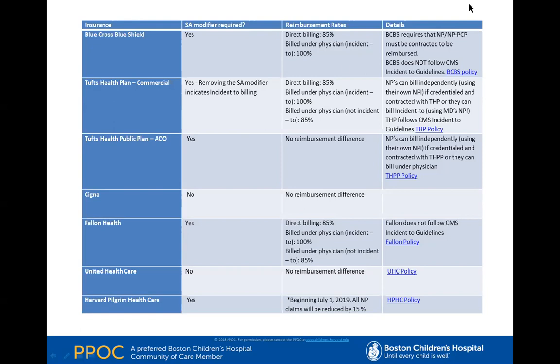Some of these, there's no difference in reimbursement, like Cigna, Fallon, UHC, and Harvard Pilgrim, which all have their own unique policies. This is a very confusing issue, and this is the reason why there isn't a one-size-fits-all formula. Quite often when presented with this scenario, many practices simply elect to just bill everything out under the NPP and not hassle about the additional 15% because, I wish I had a nickel every time I've heard doctors come up to me saying, there are so many different coding nuances amongst the payers, how can I remember all of that?